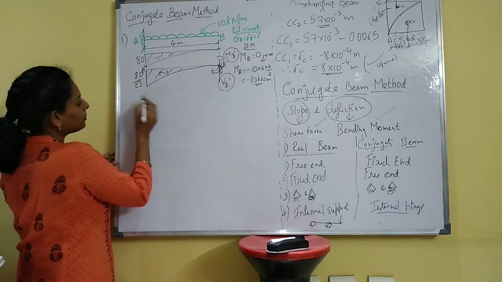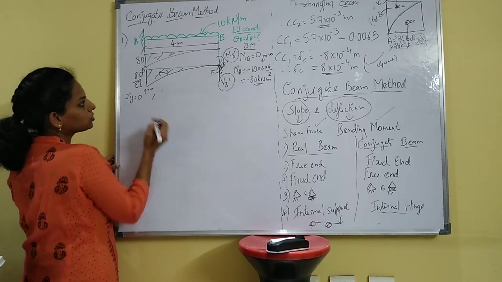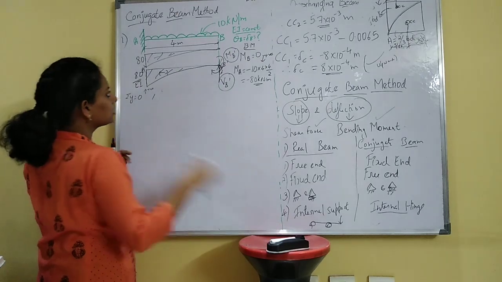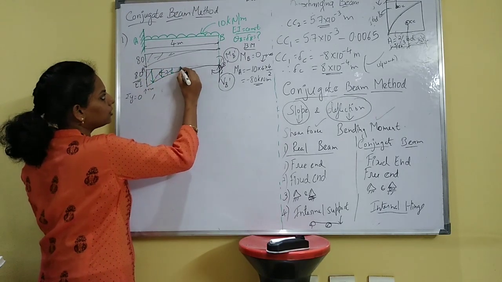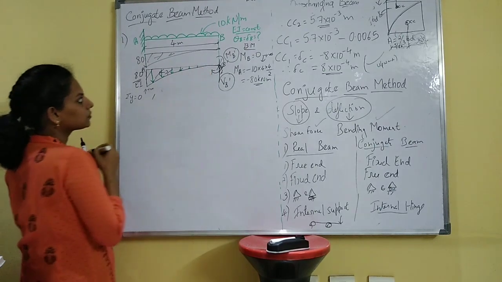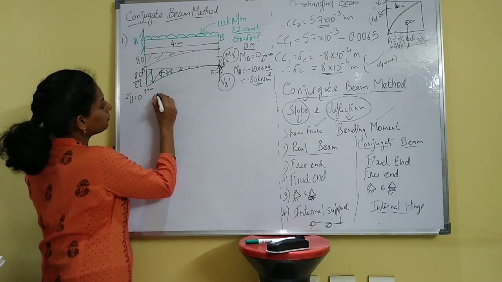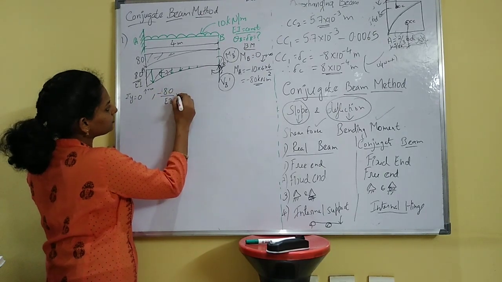So first find out VB dash. Summation of y equal to 0, upward as positive. And this is negative, so here the value will be downward. So this is nothing but minus 80 by EI and it is a parabolic curve.